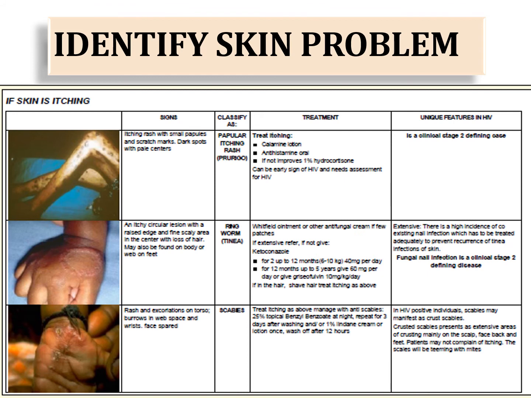So how you treat the itching: using calamine lotion. Give oral antihistamines. If it does not improve, treat with 1% hydrocortisone cream, and be careful because this can be an early sign of HIV and needs assessment for HIV. The unique feature in HIV is that this case is a clinical stage 2 defining case.